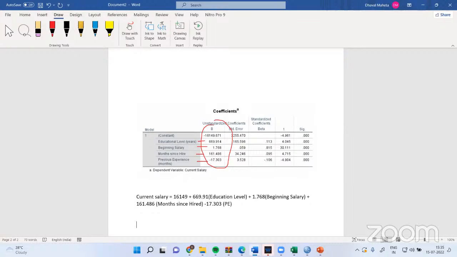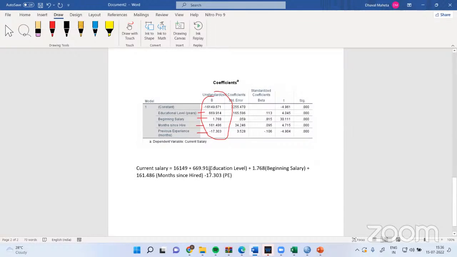So there is a minus in the first. Yeah, I'm coming to it. Now see, what is the interpretation? With every increase in your education level by 1 unit, your salary increases by 669 rupees.